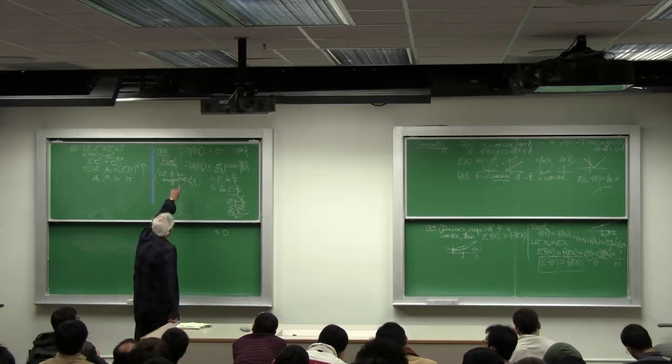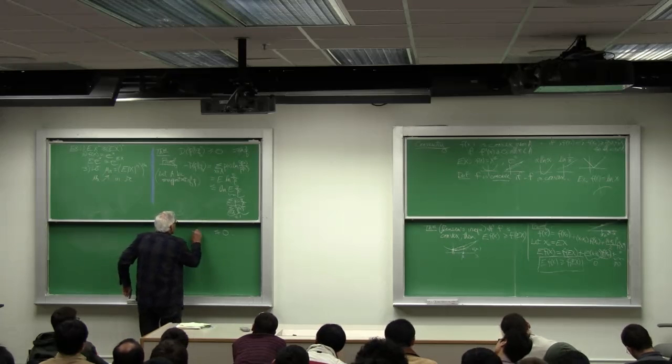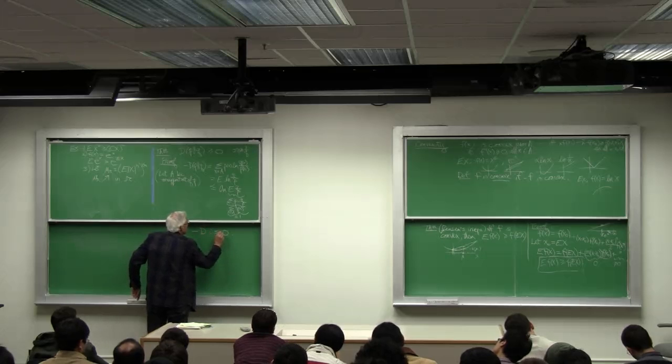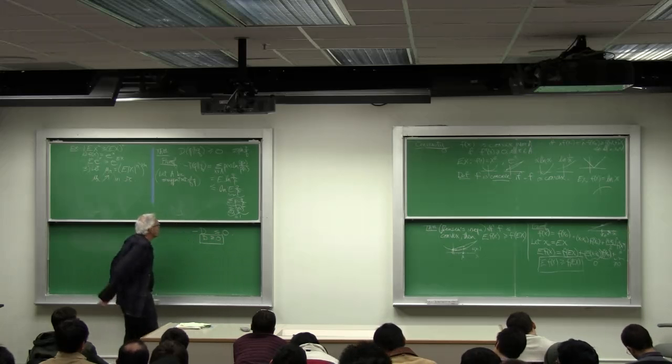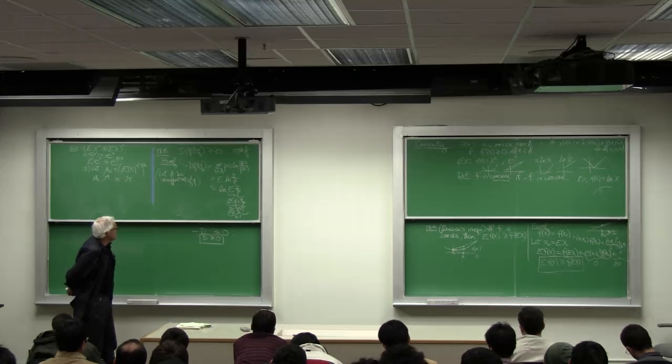All right, so we have now shown that minus D is less than or equal to 0, or D is greater than or equal to 0. Okay? And that was by Jensen's inequality.